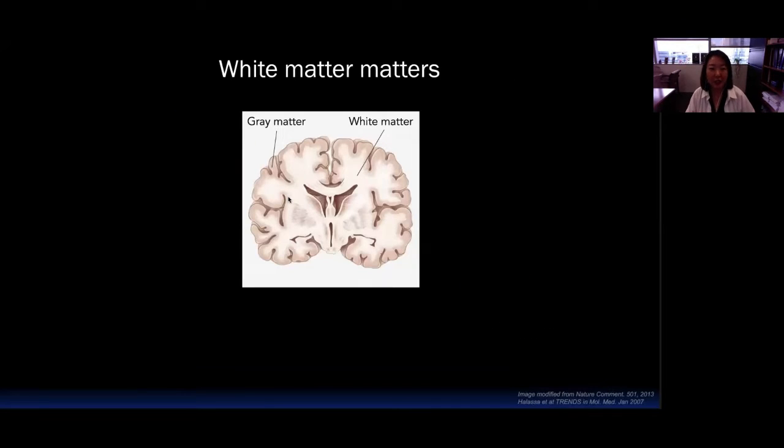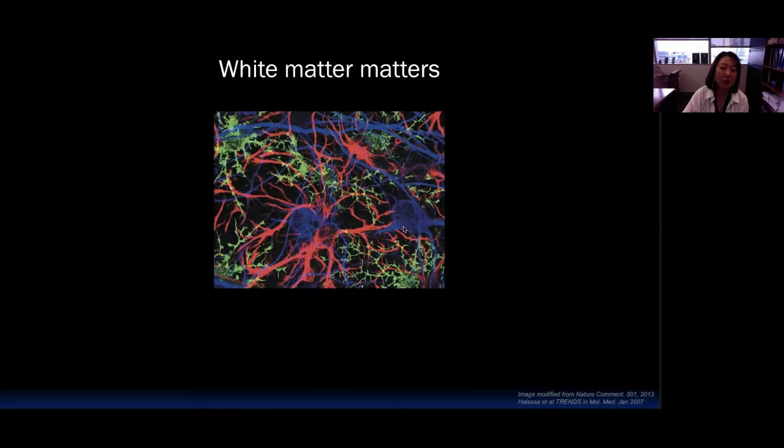So why do we care about white matter? Because I am a very glia-biased scientist. Glial cell bodies are located in the white matter tract, and of course the neurons are in the gray matter. If you look at the cellular level, you see the neuron in purple, which is a very important functional unit. However, you see lots of glial cells surrounding the neuron.